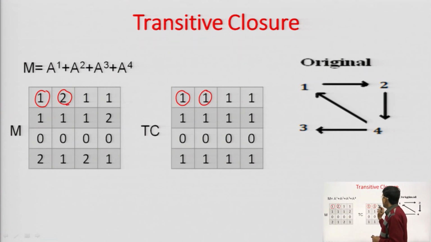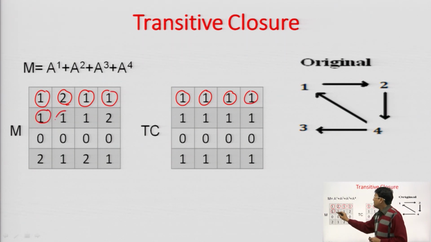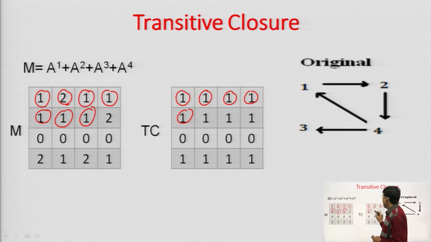A 2 has been converted to 1, 1 with 1, 1 with 1. You can see that all ones remain as 1 in the transitive closure matrix and all the non-zeros have been converted to 1. All zeros remain as such. So this is the M matrix and this is the transitive closure matrix.